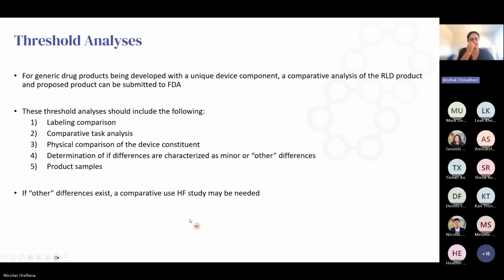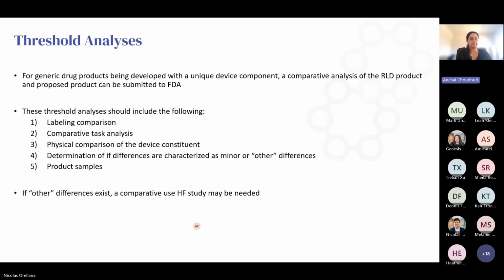So next, I just wanted to touch upon threshold analyses. This is really for generic drug products. Generic drug products being developed with a unique device component or slightly modified device component compared to an RLD product can have just a comparative analysis done.